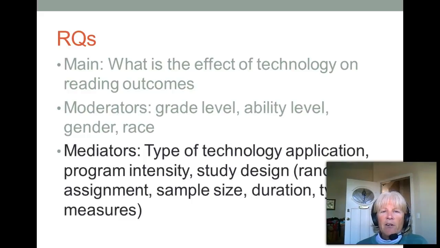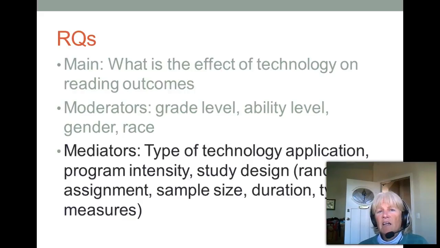A mediator is a little bit different. It's a type of variable that acts along with the variable of interest, but it's a little bit different from that.